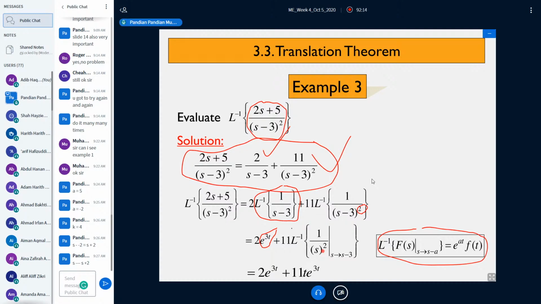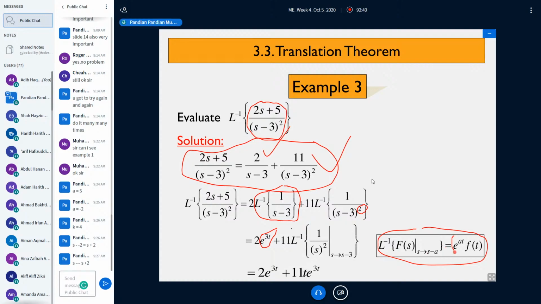If you look at formula 3.2 inverse Laplace, slide 15, Laplace of t^n: t^n is the inverse Laplace of n factorial over s^(n plus 1). So here n is 1, so t to the power 1. So your e^(at), a is 3.